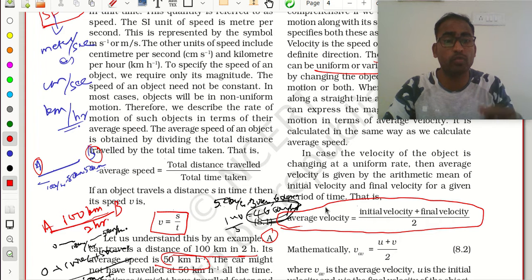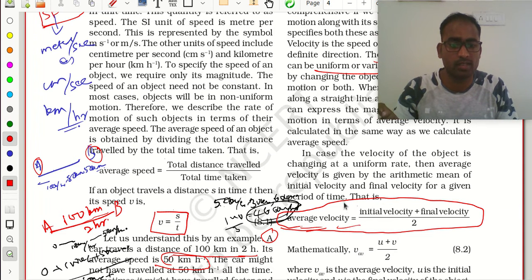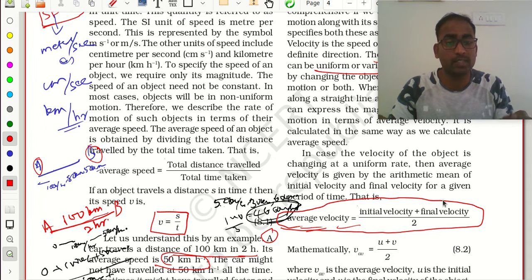That is for uniform changing of velocity; we will understand it with an example in the table next. So average velocity is nothing but its initial velocity, meaning its starting velocity, plus its final velocity after covering the distance, upon 2.